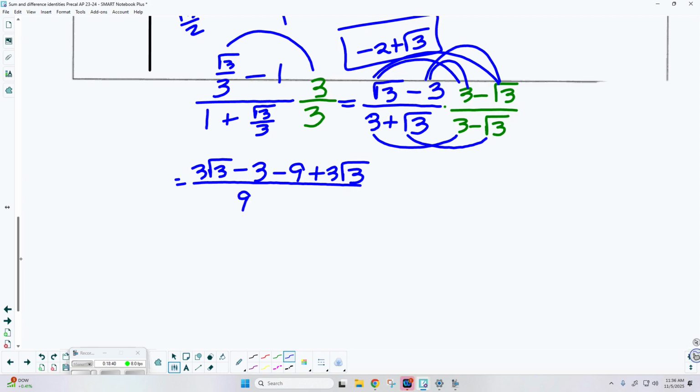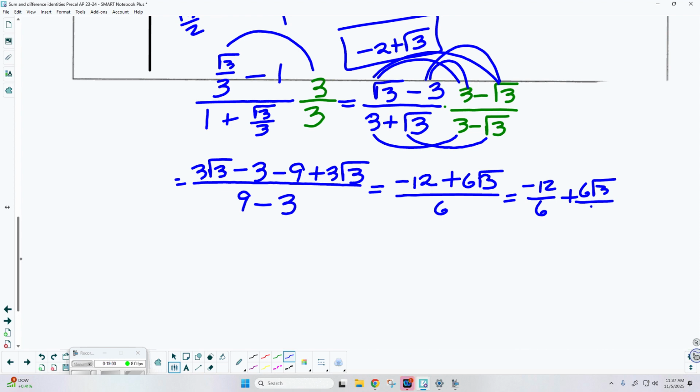So that's going to give me a 9 minus a 3. Okay. Up top, I got a negative 12 plus 6 root 3. That's a 3 right there. Over 6. And I can break this apart to simplify. So negative 12 over 6 plus 6 root 3 over 6. That is how I got that negative 2 plus root 3.